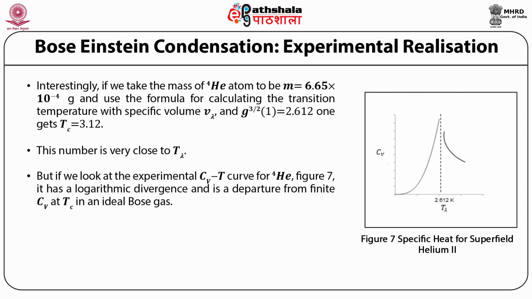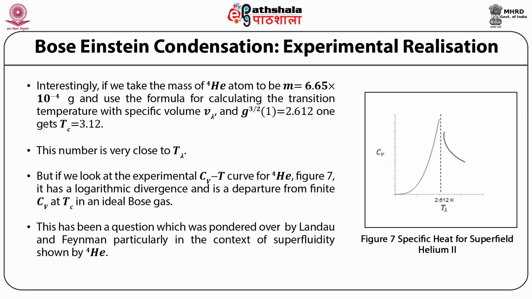And therefore, this transition needs to be looked into by including rather strong interaction among helium-4 atoms. This has been a question which was pondered over by Landau and Feynman particularly in the context of superfluidity shown by helium-4. We will look at this system in more detail in the next module.